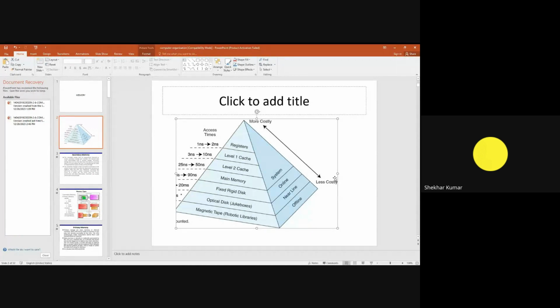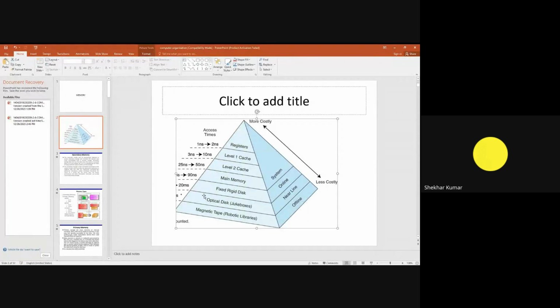As you can see, the access time in the registers is 1 to 2 nanoseconds. In L1 cache, the access time is 3 to 10 nanoseconds. In L2 cache, it is 25 to 50 nanoseconds, and in main memory, it is 50 to 90.